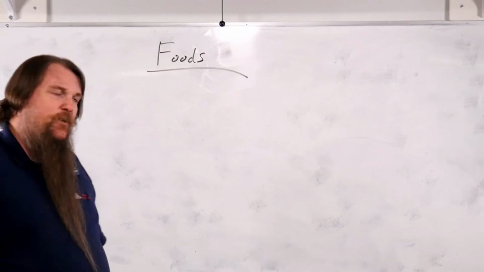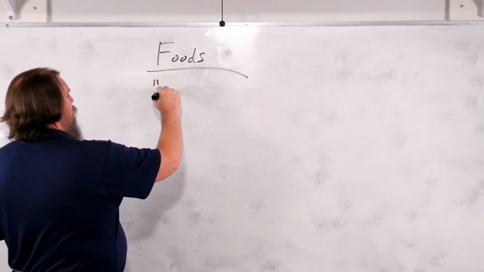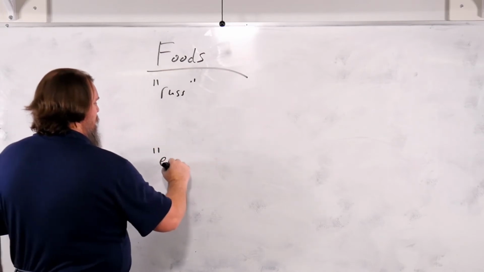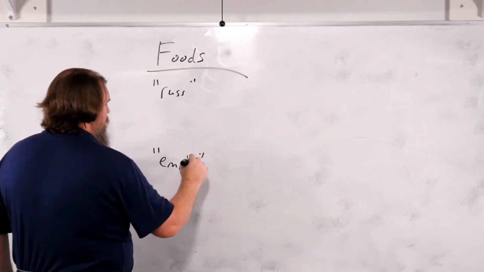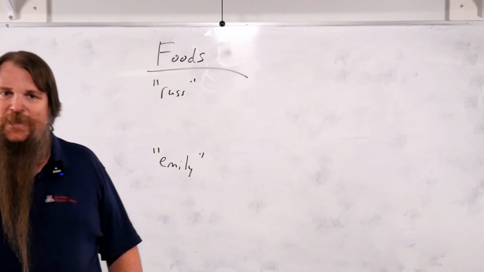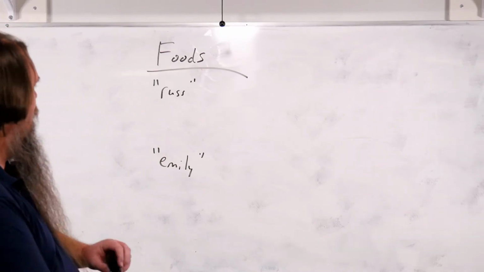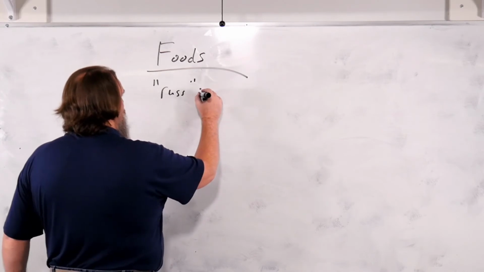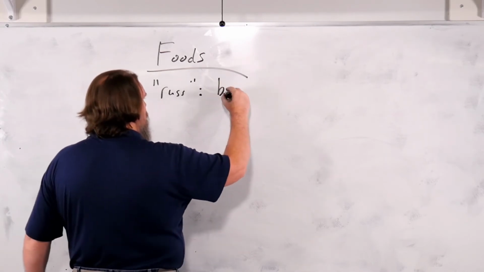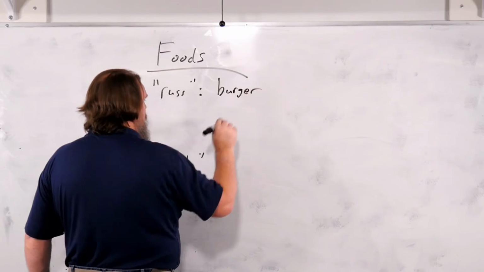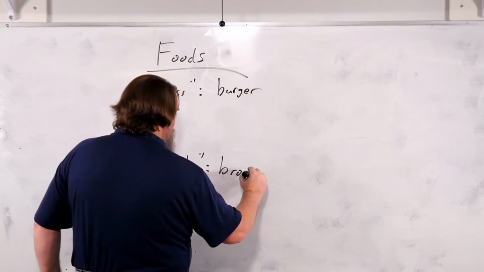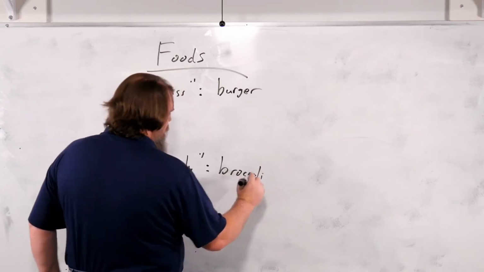All right, so we've got Russ, and we have Emily. And for each of us, we want to keep track of what we've eaten. So I'm having a bad day, a bad diet day, so I eat a burger. And my wife eats broccoli.